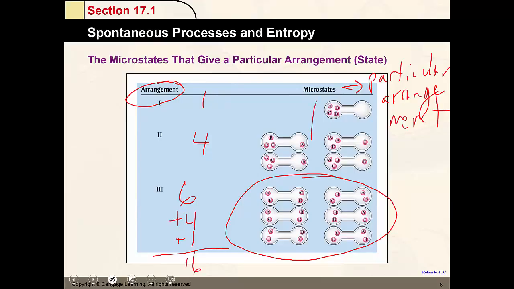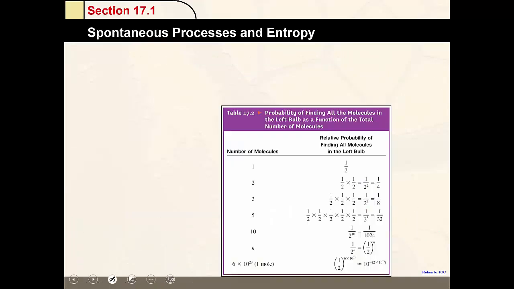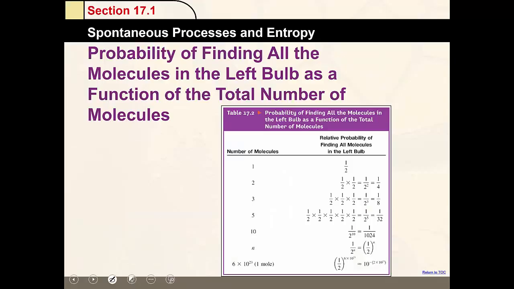So if I asked you, okay, what's the probability of having all 4 molecules on the left side of the bulb? That would be 1/16. So if we want to consider the probability of a certain number of molecules all being on one side, all we have to do is look at the number of molecules.